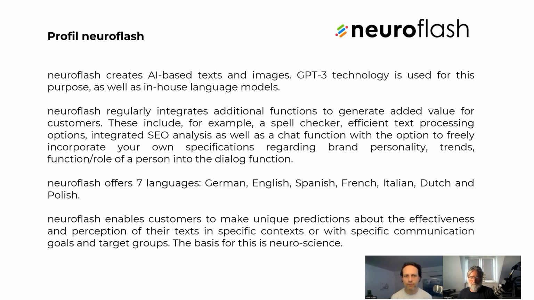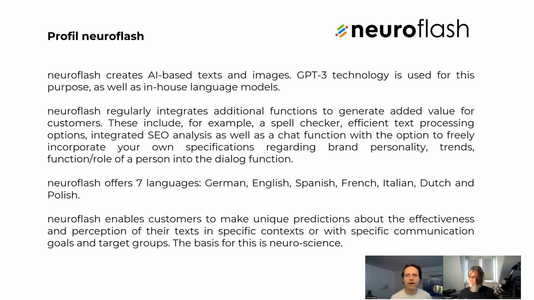You can have your own brand personality and many more functionalities. So basically, it's a better ChatGPT, let's put it this way. And it's basically a competitor to Jasper or Chat AI, Copy AI, right?